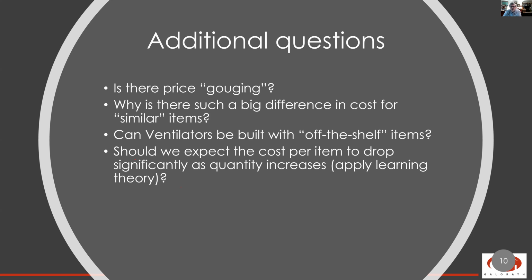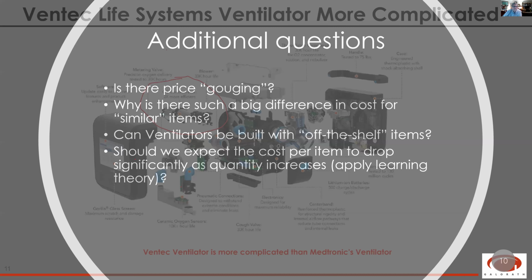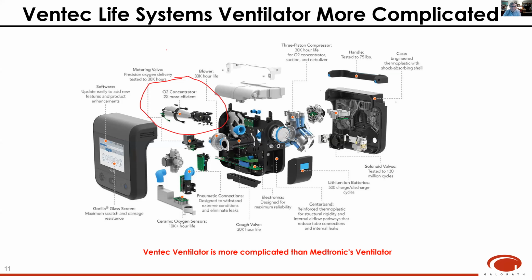One of the questions we were asked is, why is there such a big difference in cost for similar items? So let me just jump ahead a minute. We said the MedTech ventilator should cost about $20,000, while there's a Ventec ventilator on the market that sells for about $40,000.